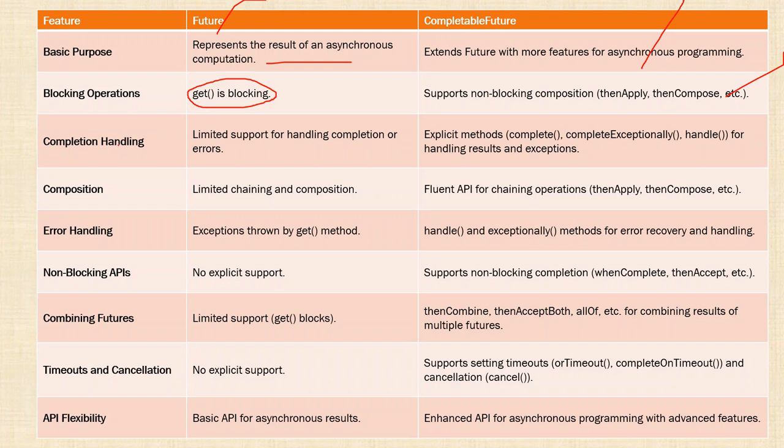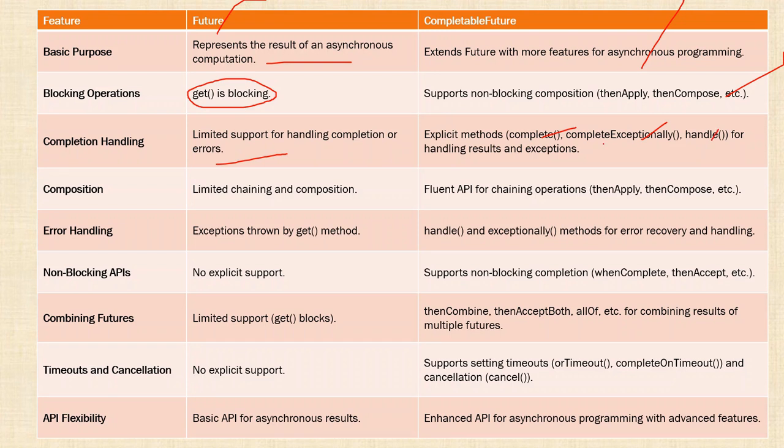And completion handling: Future has limited support for handling completion or errors. We don't have many features to handle exceptions, like in the previous video we saw exceptionally. This feature is available in CompletableFuture through explicit methods like completeExceptionally and handle.